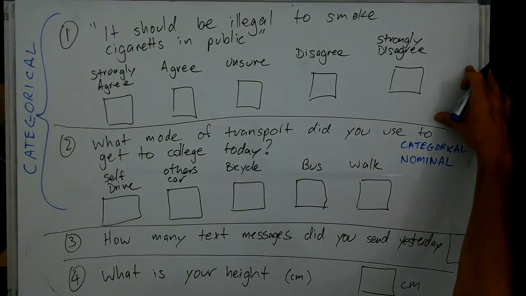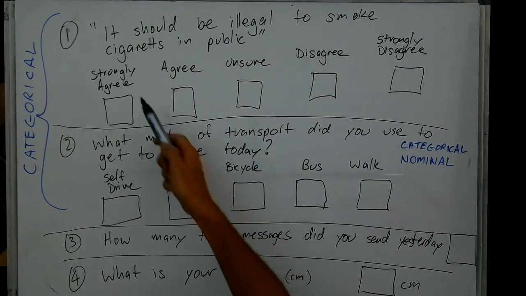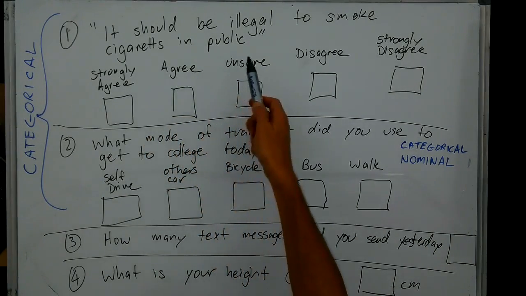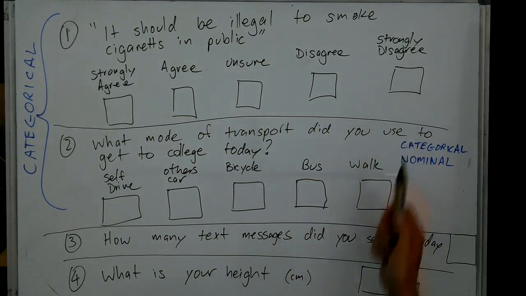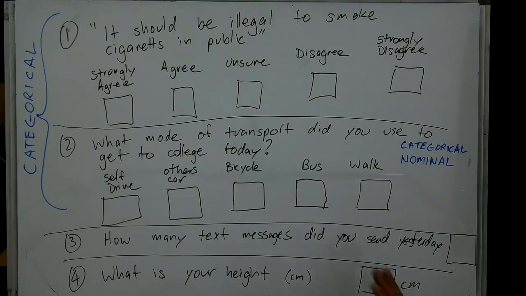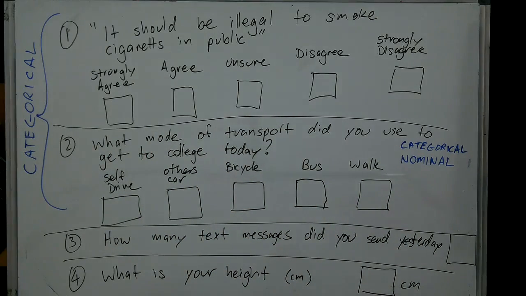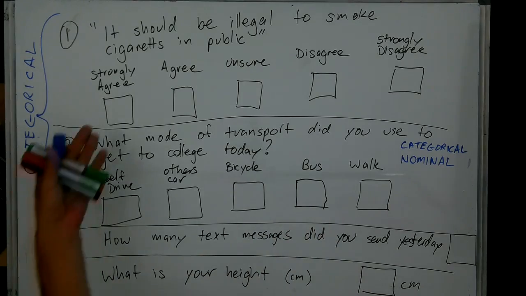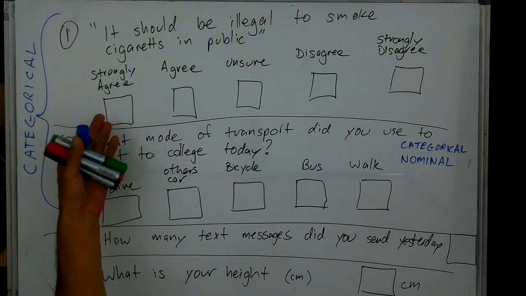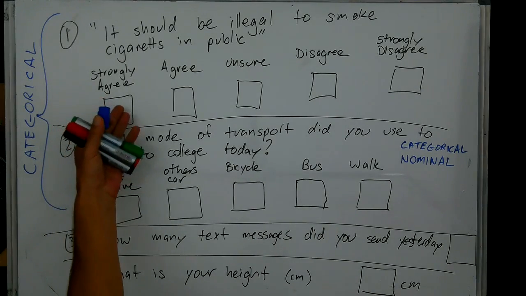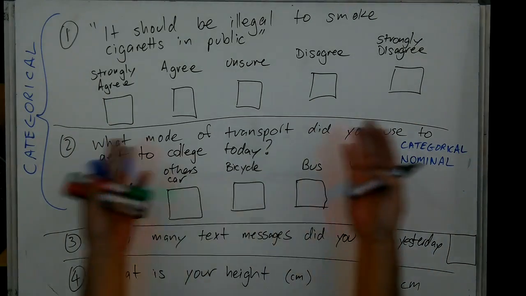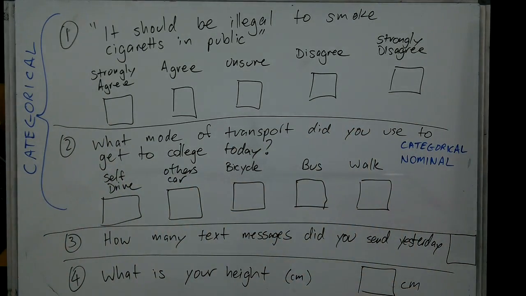Question 1 is categorical, but because of strongly agree, unsure, disagree, strongly disagree, we understand that there is an order to that, or a scale, where we could say these are the happy people, these are the non-smokers, these are the smokers, and there is an order that those really go in.